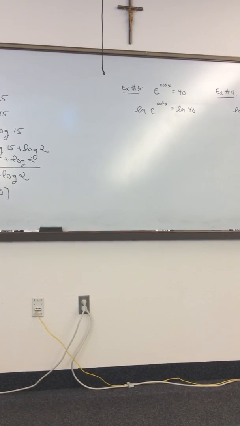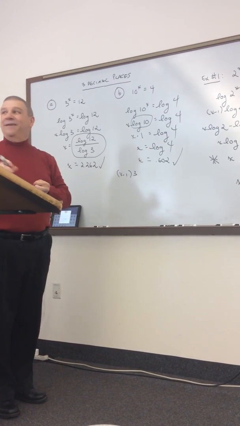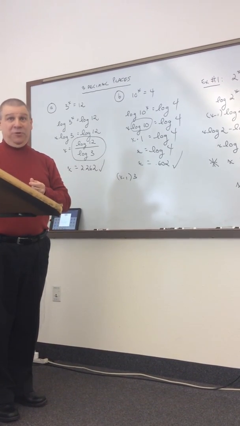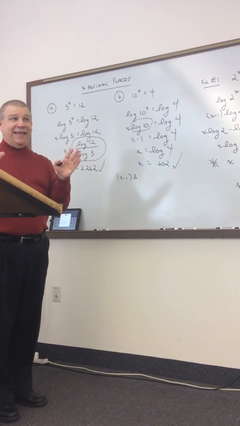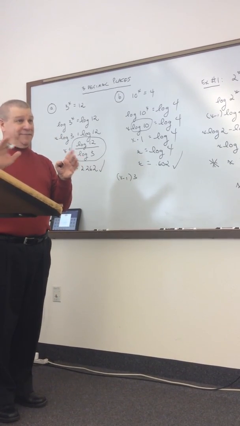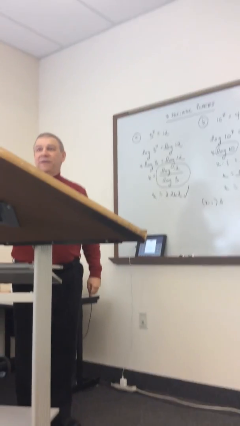All right, come on, tell me what the, Ethan, do you have a question? Yeah, so we only use the natural one when there's an e. Correct. Good question. When it's an exponential equation, when you see that e in there, then it's natural log on both sides.